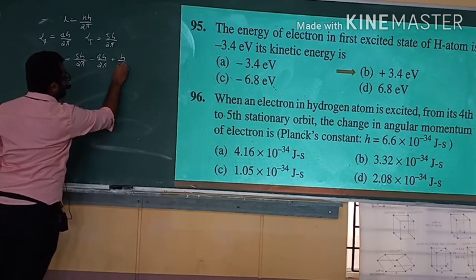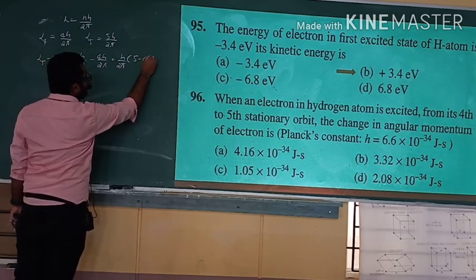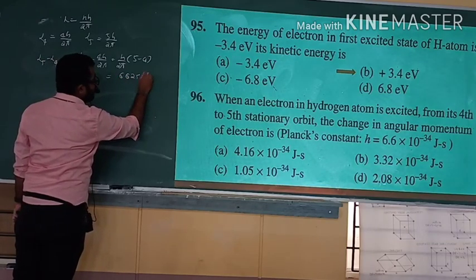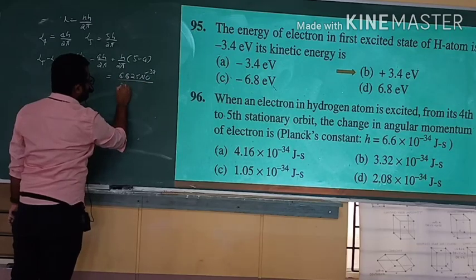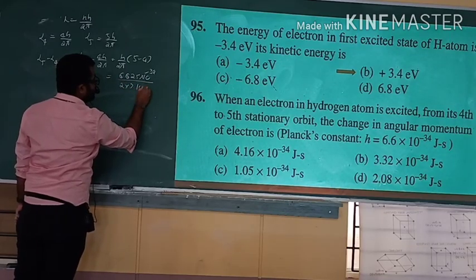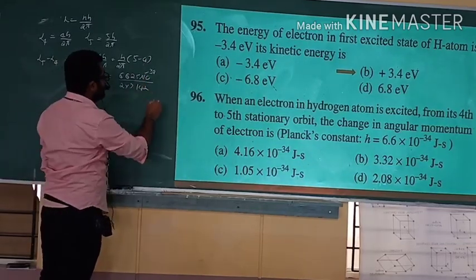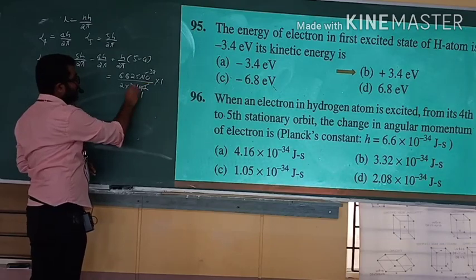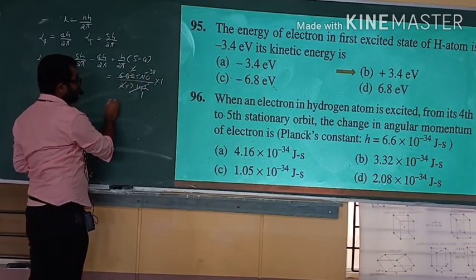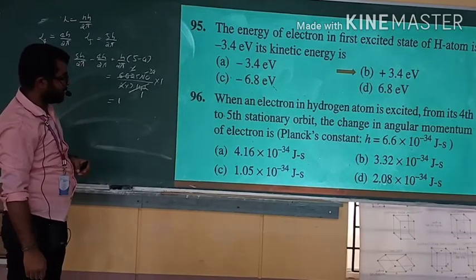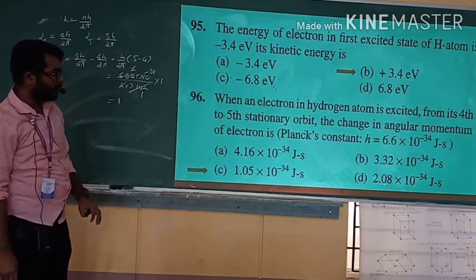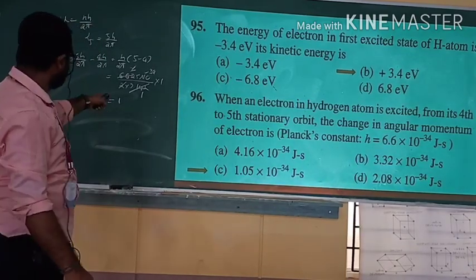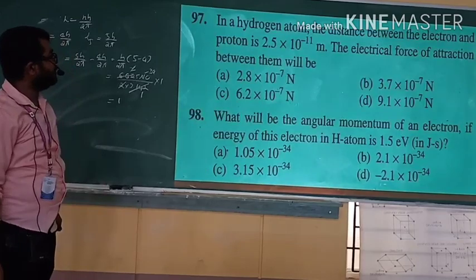Taking h by 2 pi common, 5 minus 4 gives h value, 6.625 into 10 to the power of minus 34, divided by 2 into 3.142, into 5 minus 4, which is 1. So the answer is 1.05 into 10 to the power of minus 34 joule second, option C. Okay, so next one, 97.